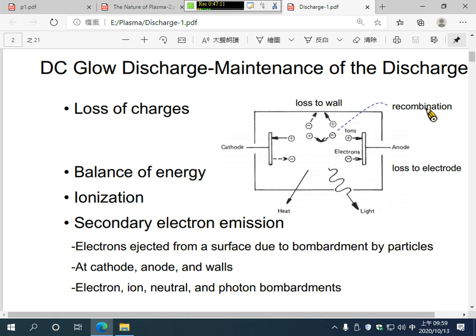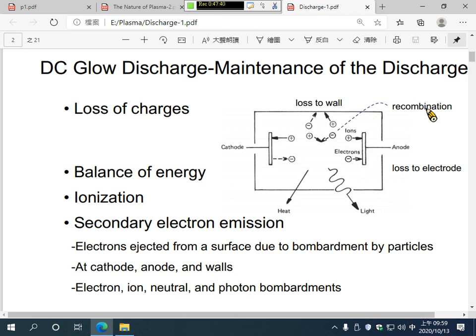And on the anode surface, both cations and electrons come to the anode surface. And some of the negative charge will be collected by the anode. And some electrons will recombine with ions. So again, we lose the charge.